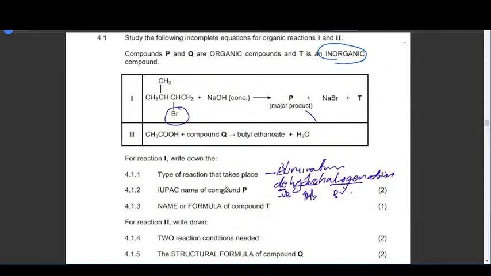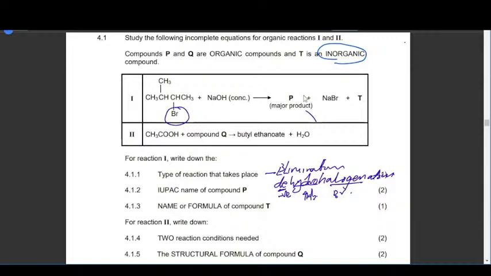They are asking for the name of P. So we say that P is going to be an alkene. Because I have 1, 2, 3, 4, 5. It's going to follow the Markovnikov rule, so this one goes down, this one goes up.